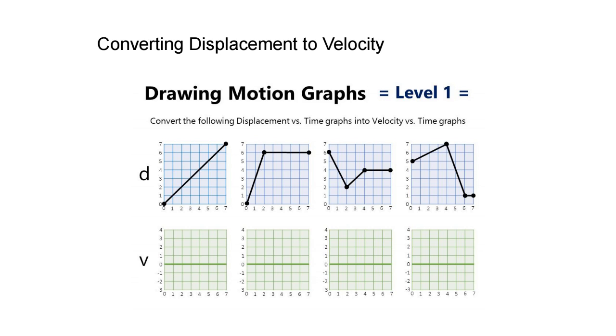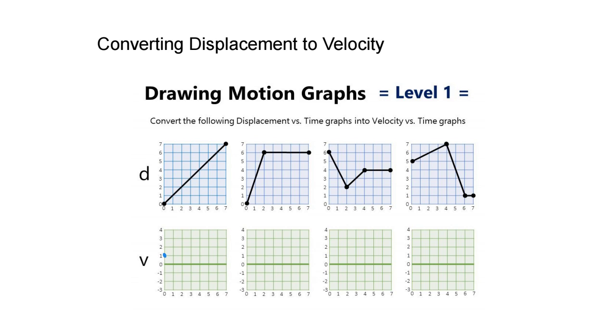All right, so a popular exercise is to convert these displacement graphs into velocity graphs. Let's see if we can do that now. So here we've got an object that's moving away from the observer at a constant speed. It looks like that speed is, well, let's imagine this is seconds and this is meters, but 1 meter per second.